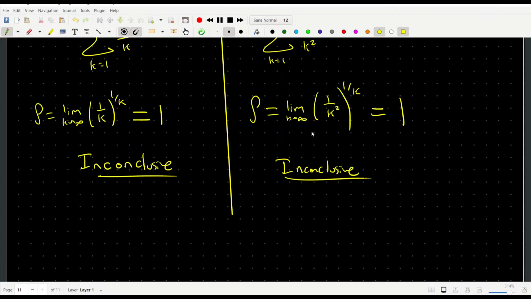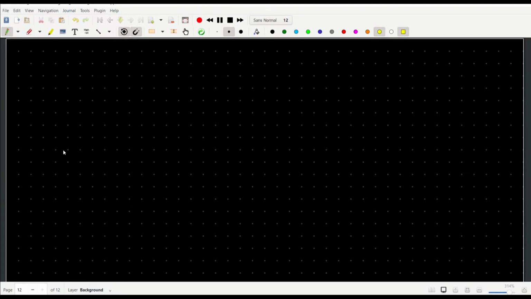So for the remainder of the lecture, what I want to do is finish up our discussion on absolute convergence versus conditional convergence, and give you a couple of general tests that will be important for investigating alternating series. So we'll start with the alternating series test, and then move on to a discussion of why absolute convergence really is a much better and stronger thing than conditional convergence.